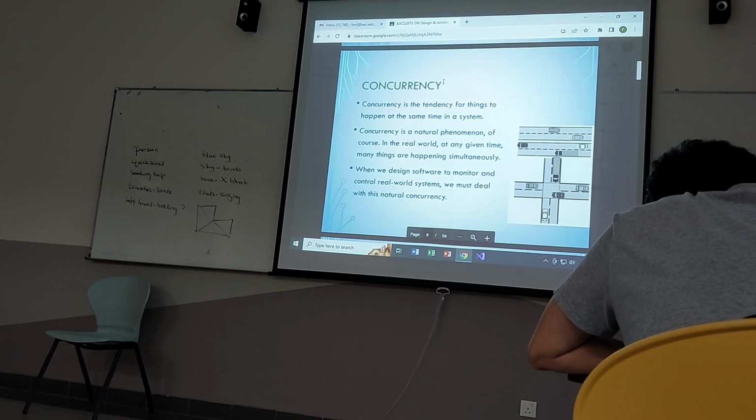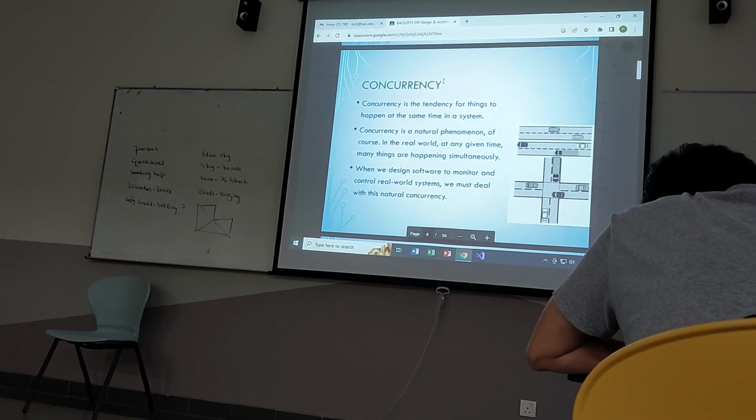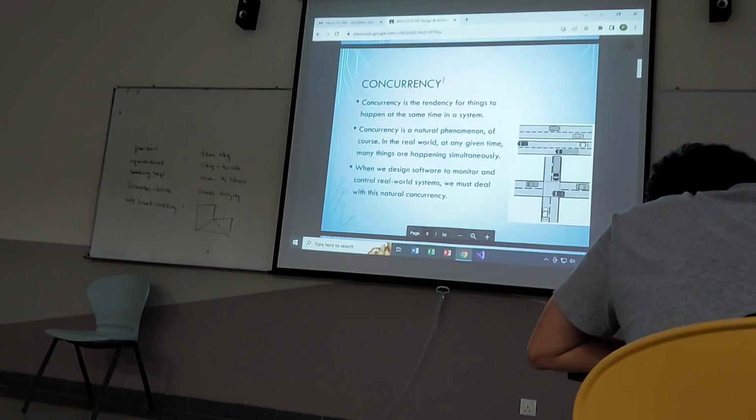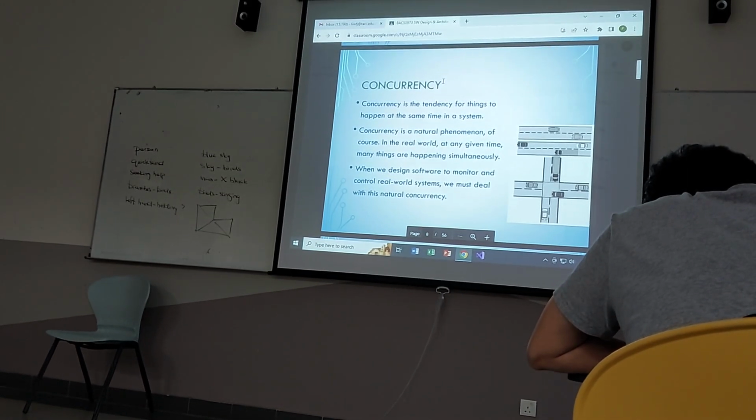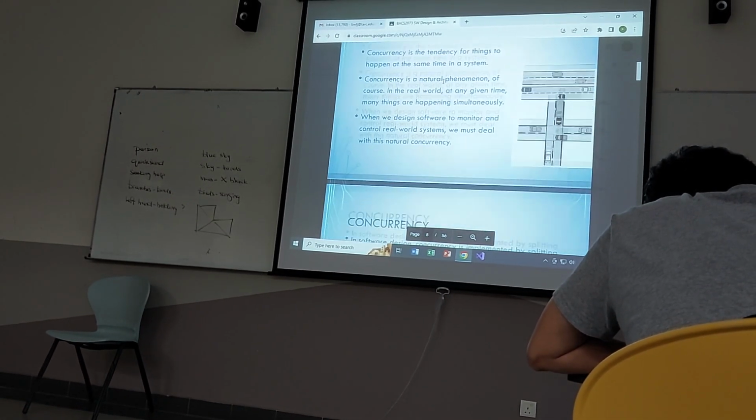And how are we going to handle this concurrency process? How are we going to design it? Think of that. How are we going to monitor this concurrency process?